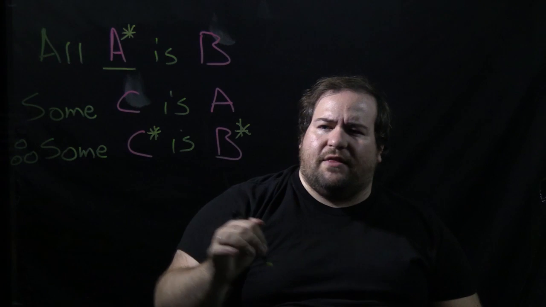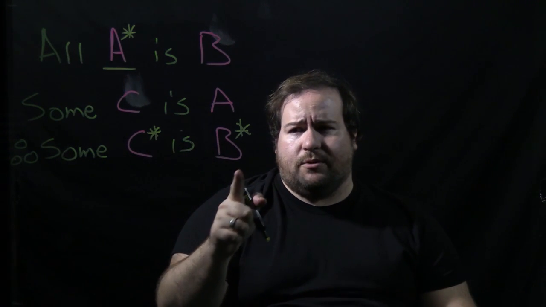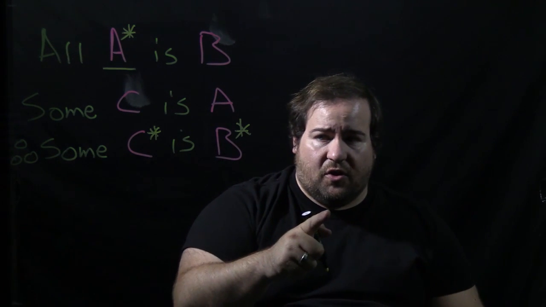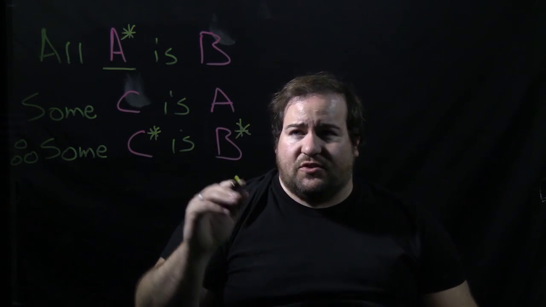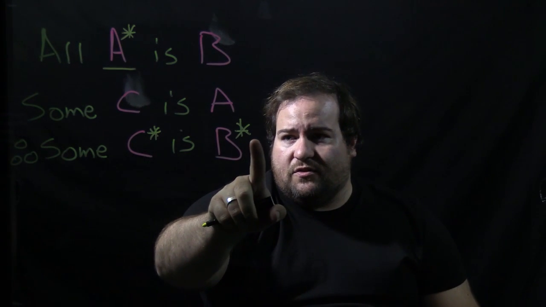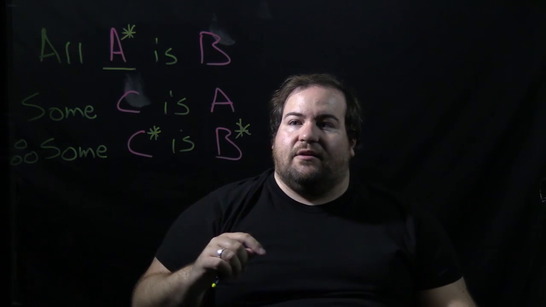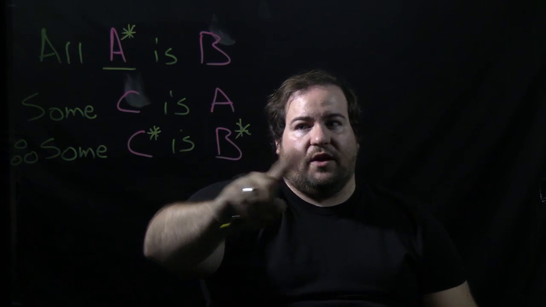The argument is valid if and only if every capital letter is starred one time and one star is on the right side. So every capital letter is starred and it's starred once on the right side.